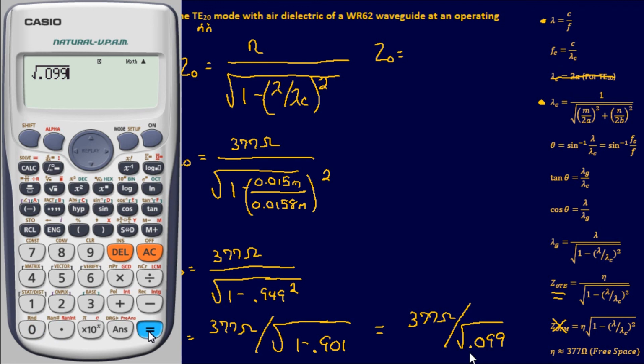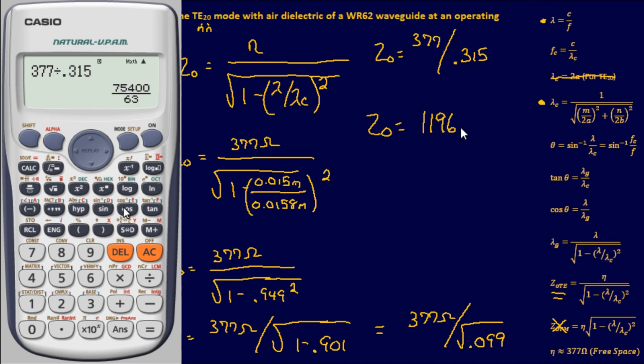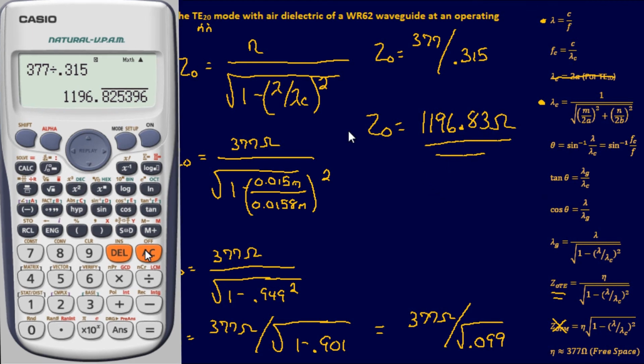And the square root of 0.099 is going to give us an answer of 0.315. And last but not least, our final answer, which is going to be 1,196.83 ohms. So that is going to be our wave impedance for this waveguide.